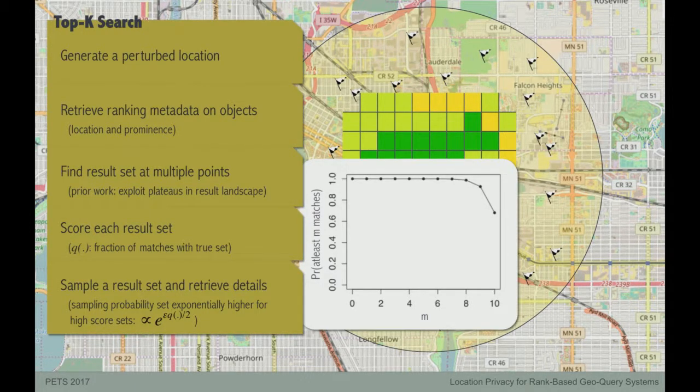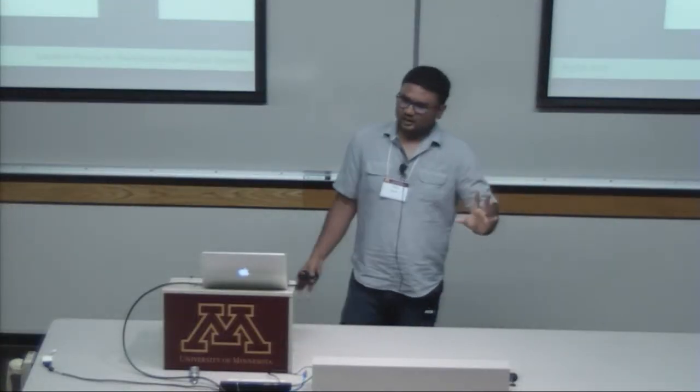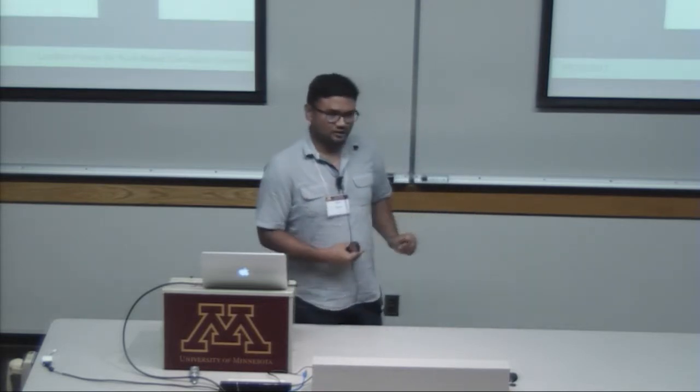Quickly, to cover the results part. This shows the probability of you getting more matches in the result set. We did a top 10 search here, and this data was generated for 15 different keywords across 5 different cities, overall around 750,000 different queries.